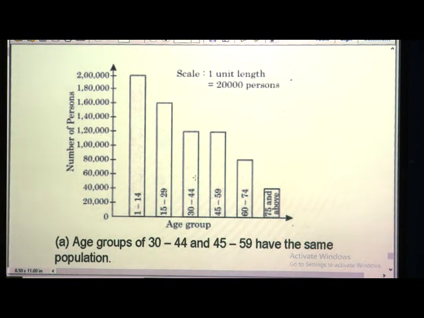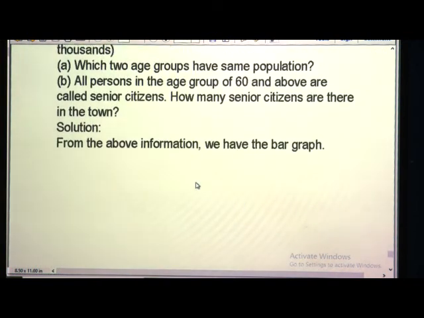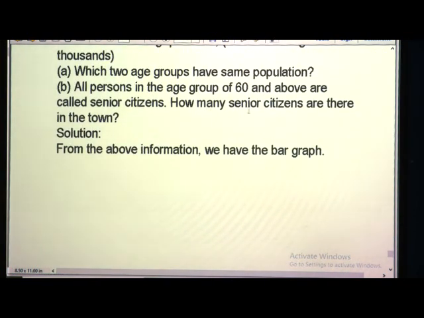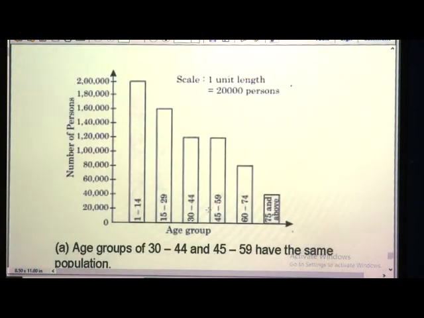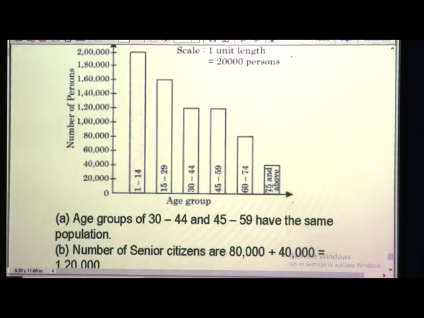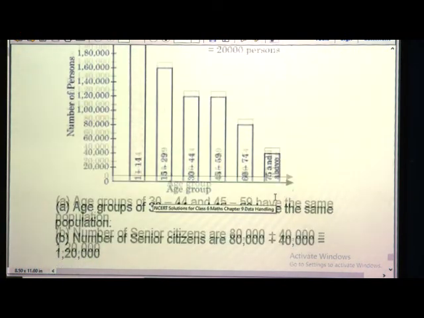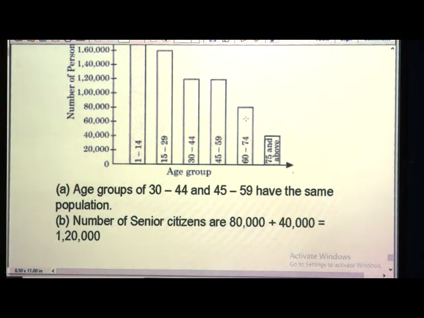is 1,20,000. Next question, all persons in the age group of 60 and above are called senior citizens. How many senior citizens are there in the town? As it is said, 60 and above are the senior citizens. So, 60 to 74 we have 80,000 and 75 and above we have 40,000.